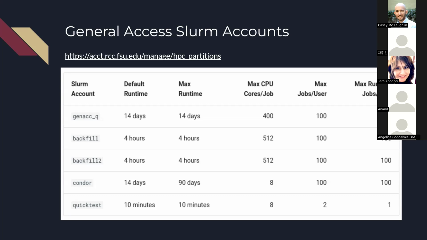For backfill, you can get access to newer nodes, but your limitation is 4 hours. This is mostly if you are interested in purchasing some of our resources, then you can test it on backfill or backfill 2, or if you have a job that's only going to run for a short amount of time, you can run it on backfill and still take advantage of those newer nodes.